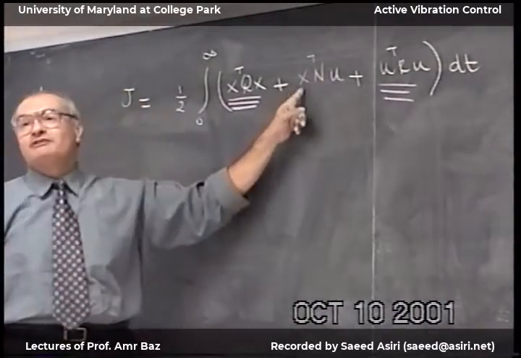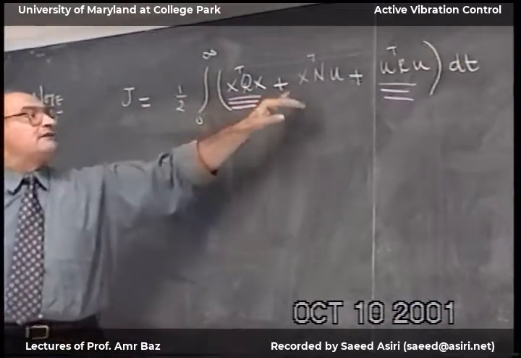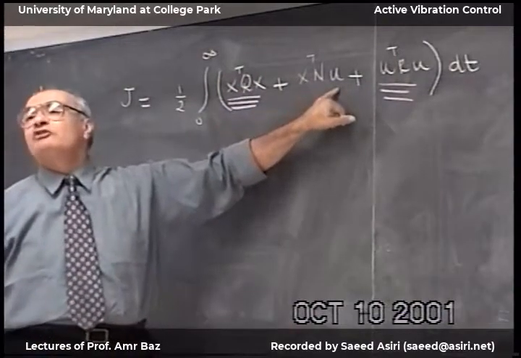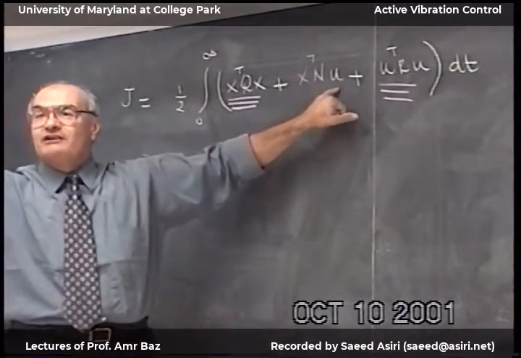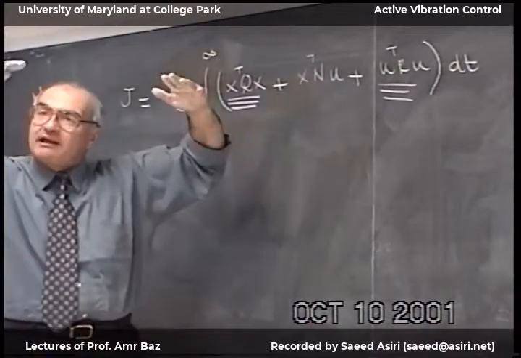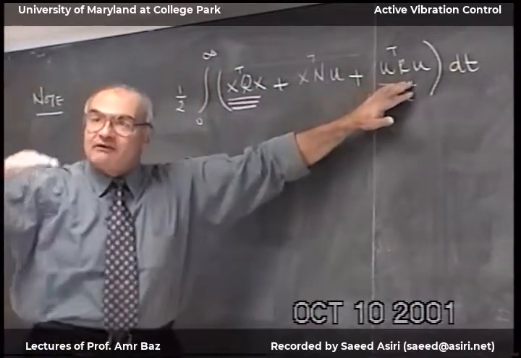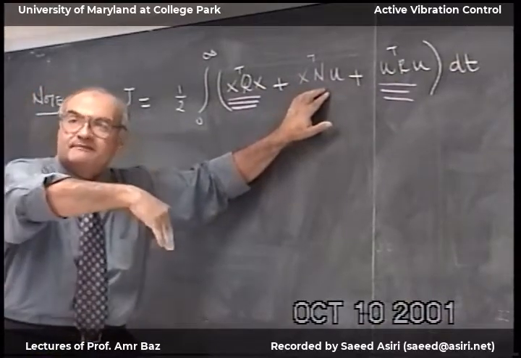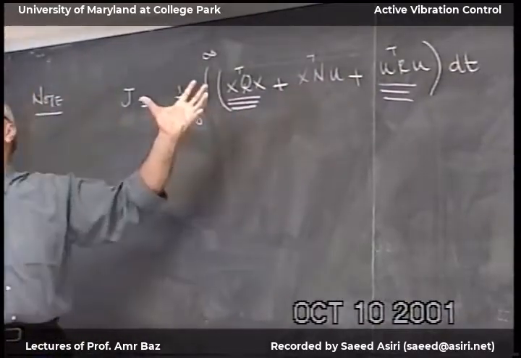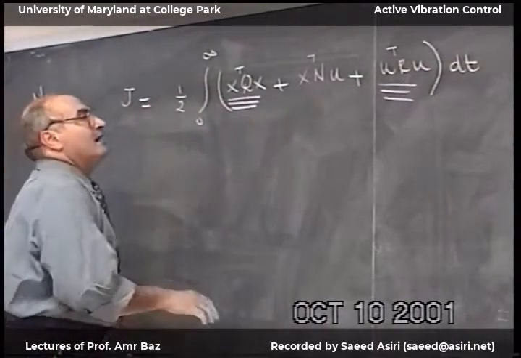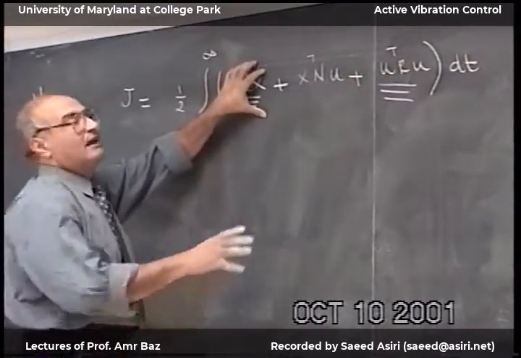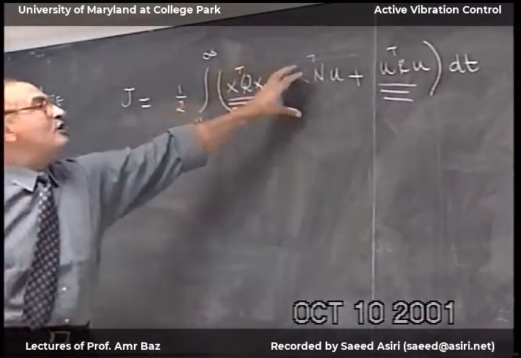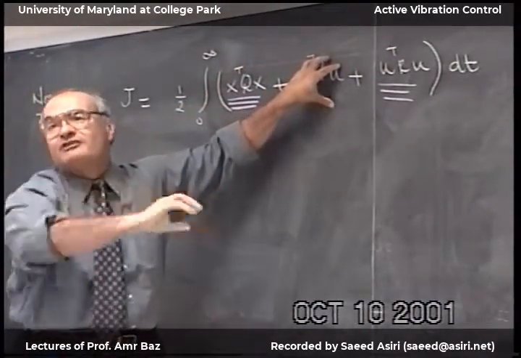The more flexible the structure is, X will be very large, and the U corresponding to it will also be very large. So if I want to do the control, I can bring the voltage down, and I can also minimize how much work I put on the system, because the total energy is vibration energy, plus how much voltage you can afford to put on your actuator, and how much work you can do on the system.